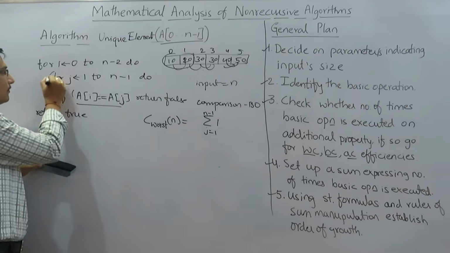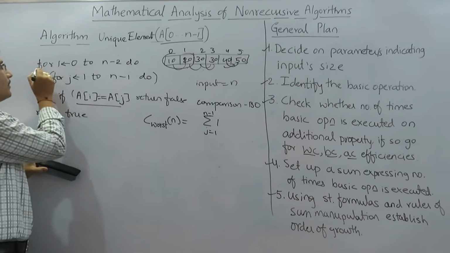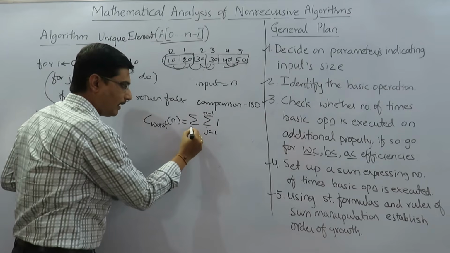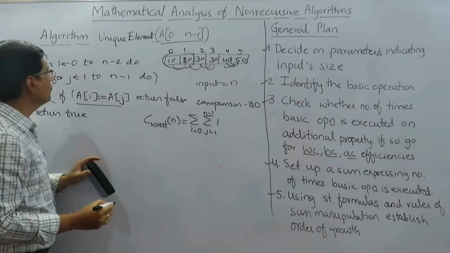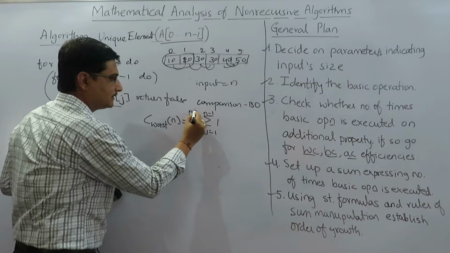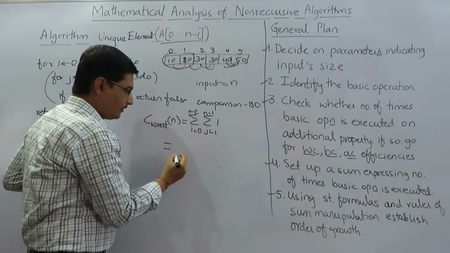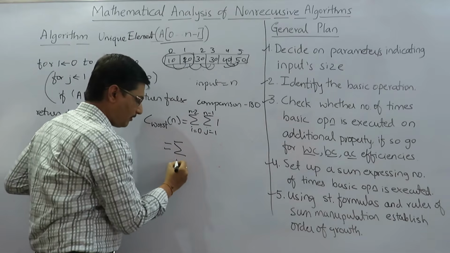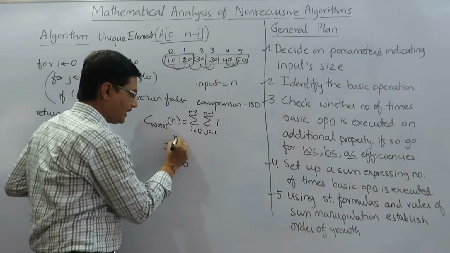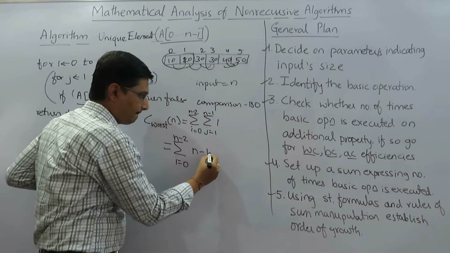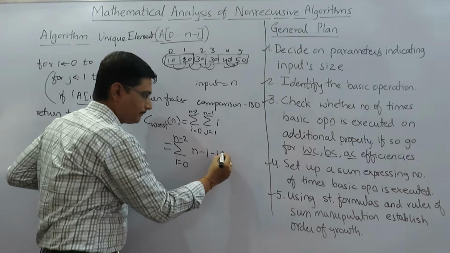And this whole loop will be executed for every i, so this is summation from i equal to 0 to n minus 2. So this will be equal to summation from i equal to 0 to n minus 2 of n minus 1 minus 1 plus 1.